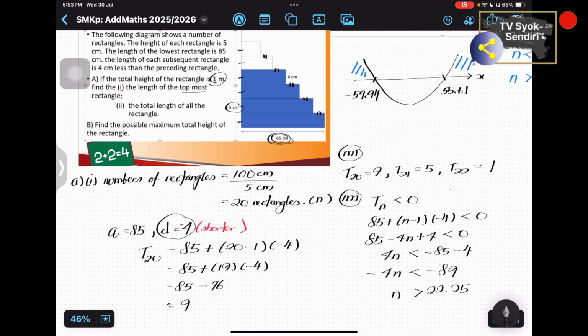By right, I should be getting 22. Do I make some careless mistake here or there? 85, -4n, negative plus, so it becomes -89.